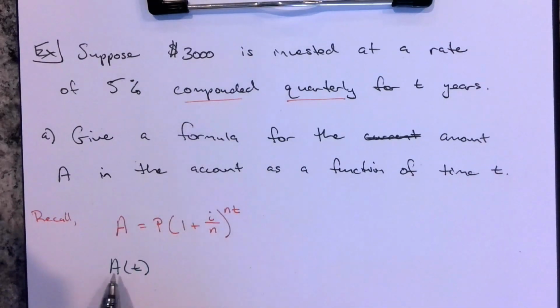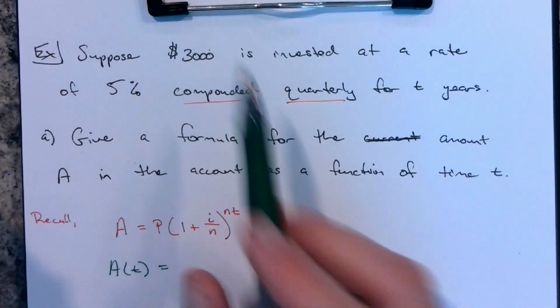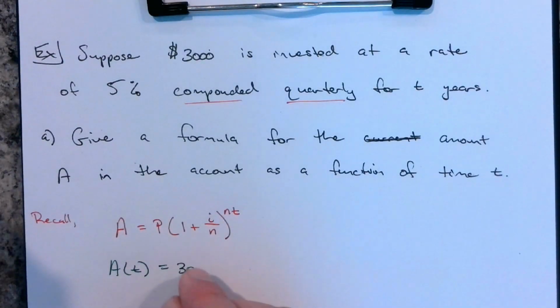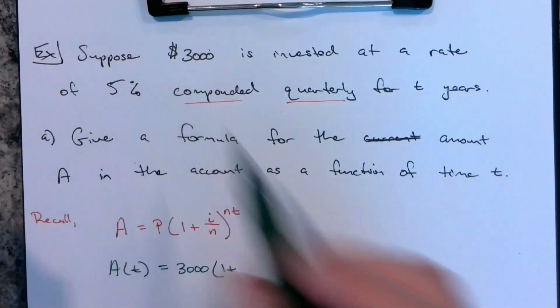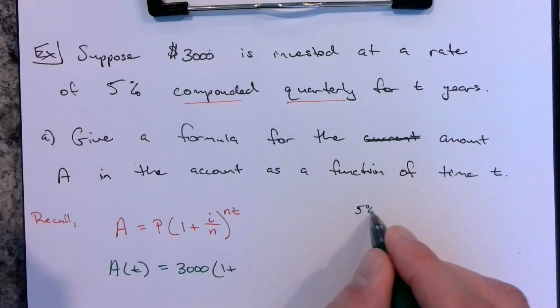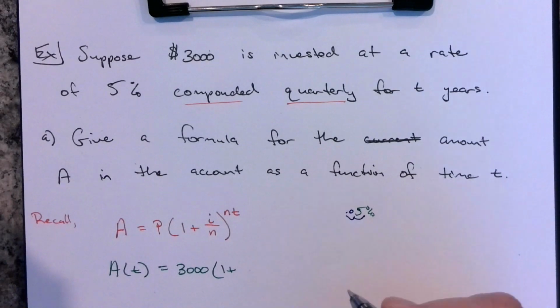So the function A, the amount at a time t, is equal to, now principal, they told us the information we need. The principal is the amount initially invested, so that's our $3,000, times 1 plus I, our interest rate as a decimal. So if I have a 5% interest, to convert it to a decimal, you're taking the decimal place and moving it back 2, so it'd be 0.05.